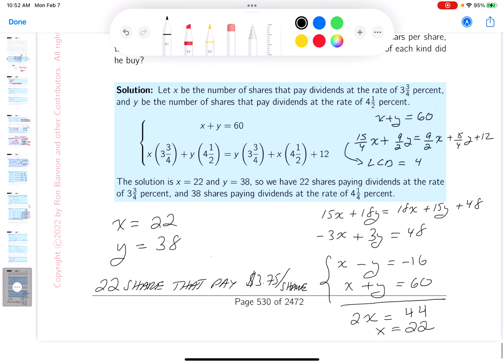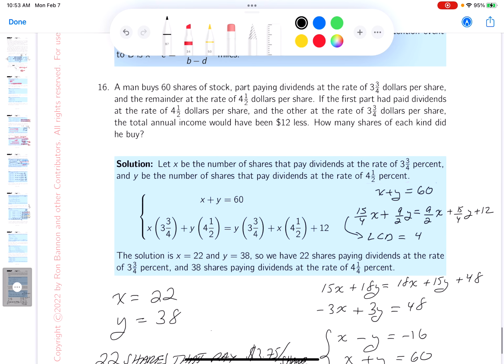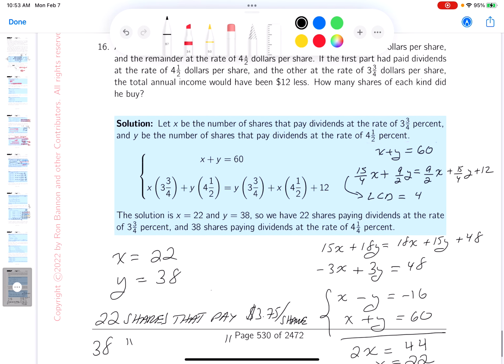And again, I'm not saying that's the question yet, but I got to read it. And 38 is the number of shares that pay. What did they pay? $4.50 a share. Again, I know there's some typos over here. I'll correct those typos over here.